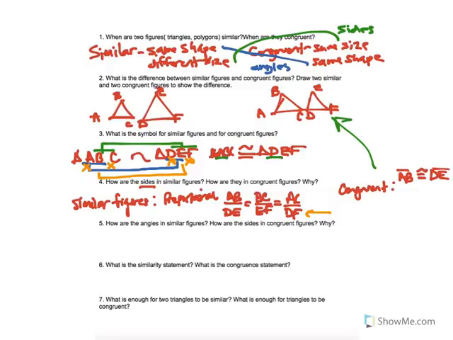AB is congruent to DE. We have BC is congruent to EF. And then we have AC is congruent to DF. Okay?